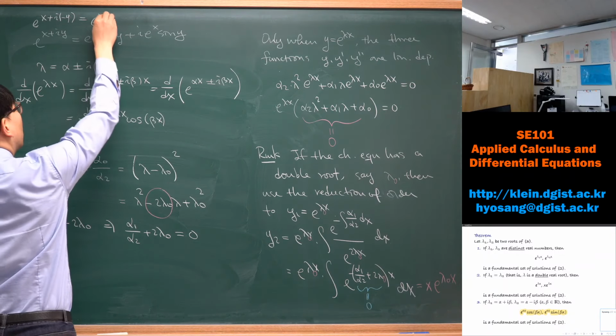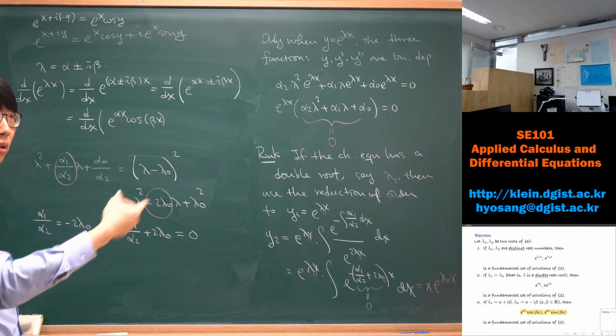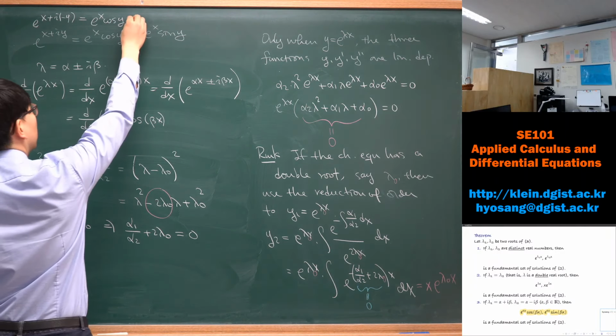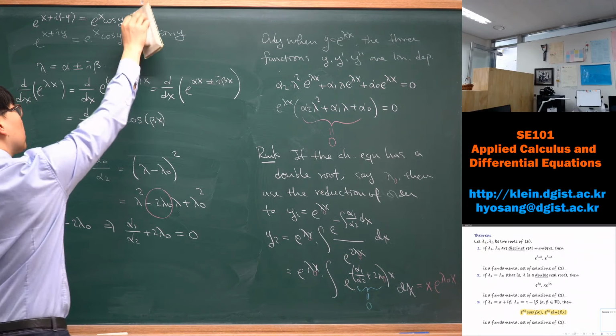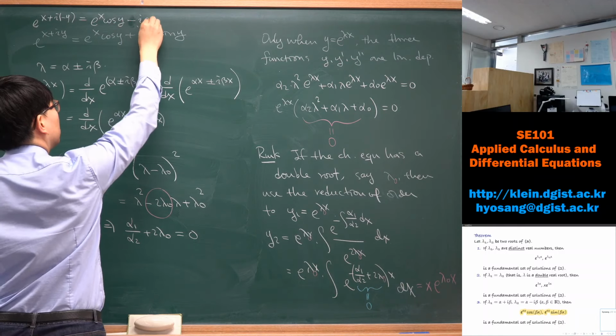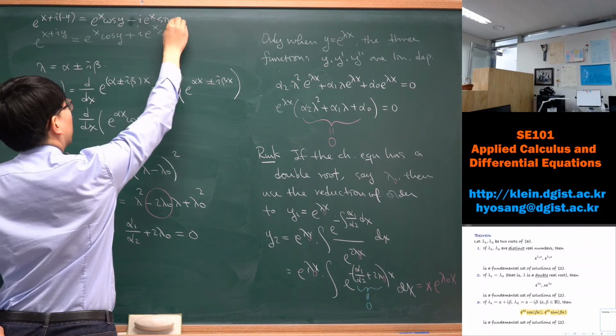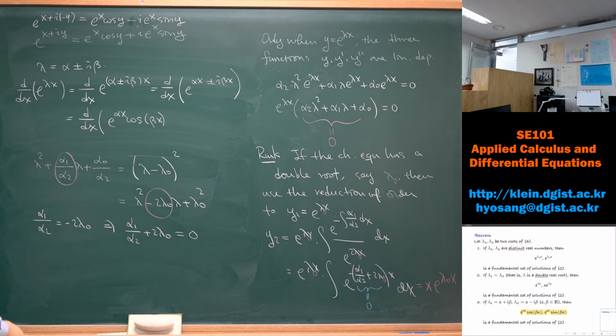So you have e to the x cosine y. And sine is an odd function, so the negative sign comes out. So you have a minus I e to the x sine y.